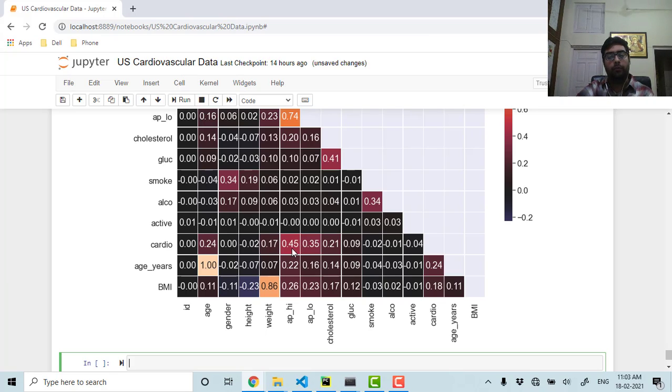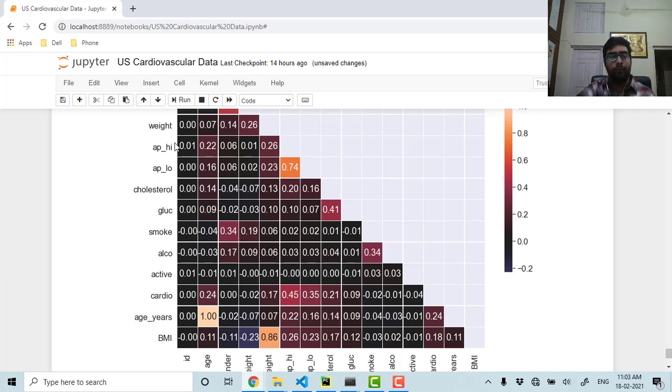Now, since systolic blood pressure, diastolic blood pressure, and cholesterol were the major features, we have to analyze them also. So let's analyze them. We have systolic, diastolic, and cholesterol. Let's see which factors impact the systolic, diastolic, and cholesterol. So we can see that it is age and weight.